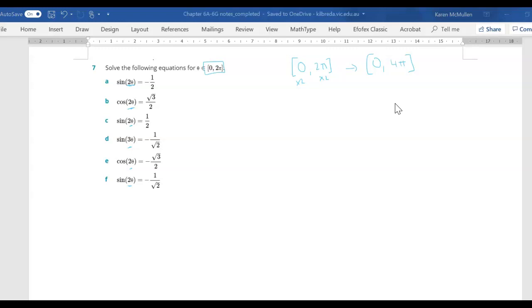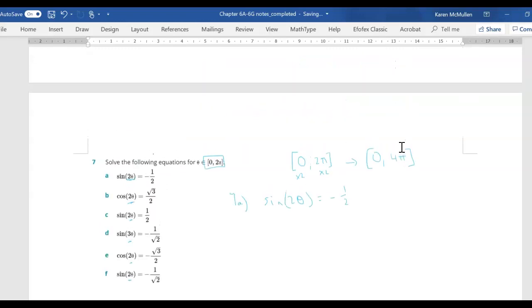Okay, so question A, let's do that here. So it's not question 1, it's question 7. 7a, we've got sine 2 theta equals -1/2. All right, so don't worry about the 2, because the 2 is just changing our period. We just need to focus on what value of theta gives us -1/2.